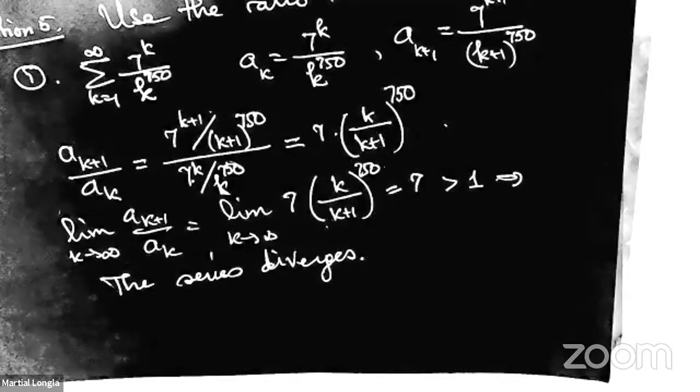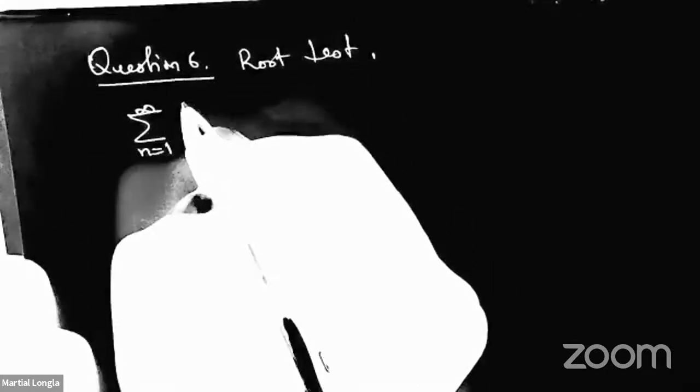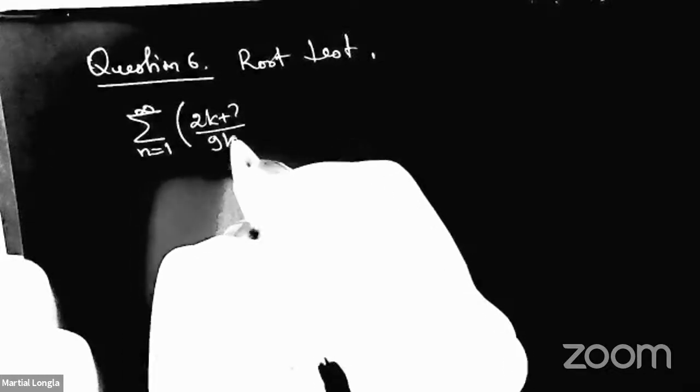We got one last thing left, which is the root test. And here I say sum n from 1 to infinity 2k plus 7 over 9k raised to the power k.